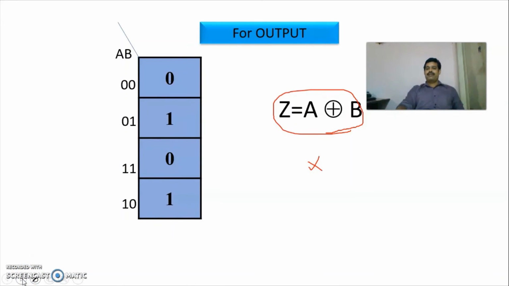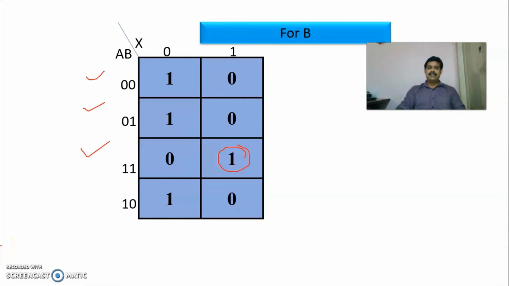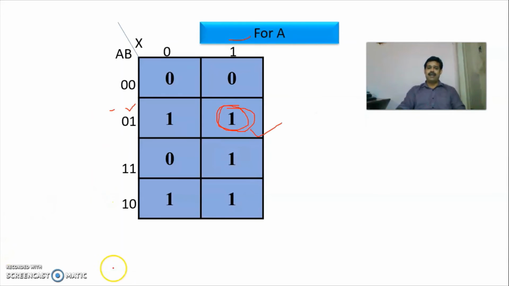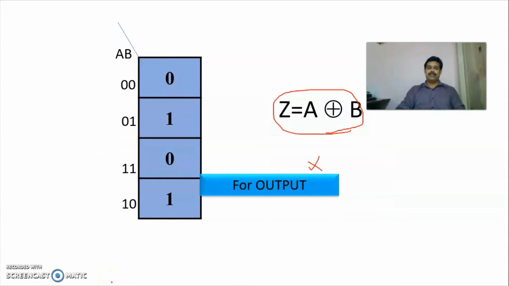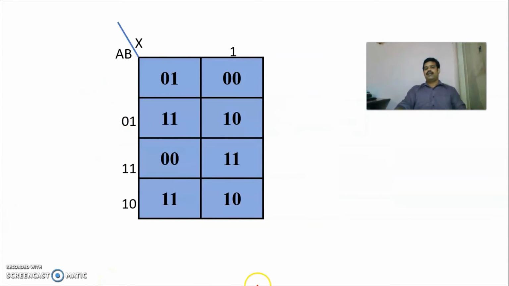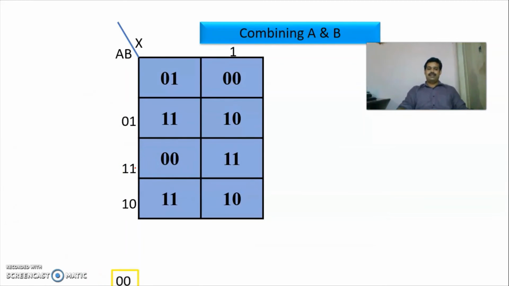Now, next we have to compare the cells of A and B. This is B, this is A, and we have to compare these two. While comparing, we will be getting it like this.